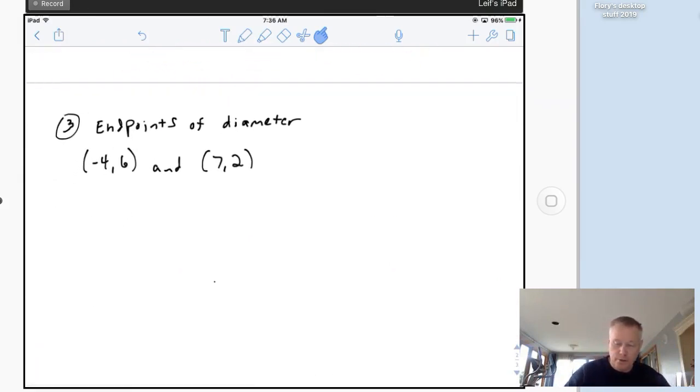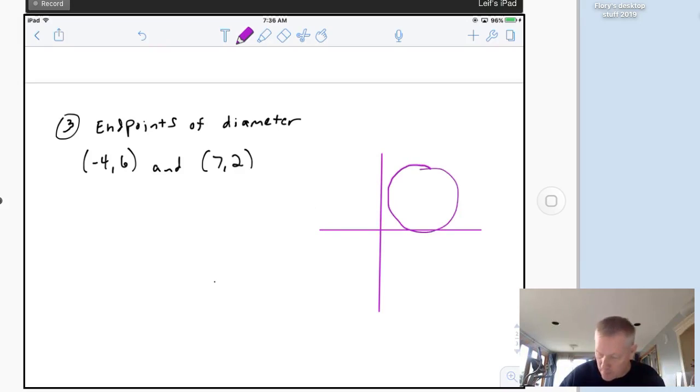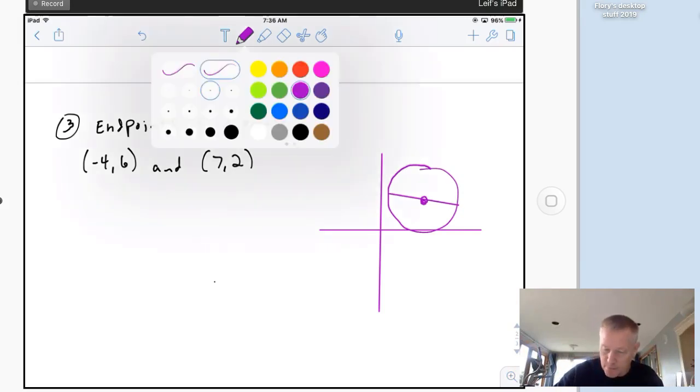This one, a little trickier. So I got a couple things. They gave me the endpoints of the diameter, and so I definitely need to know, if I drew a quick graph here, they gave me a circle here, and they gave me the diameter.